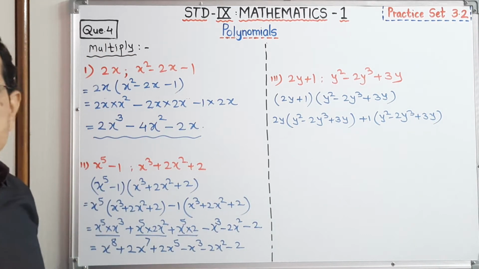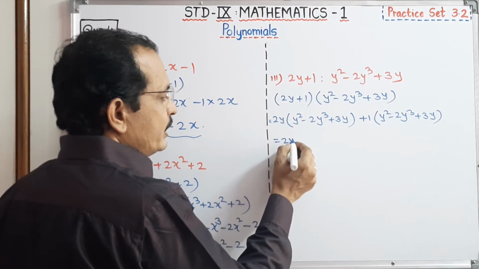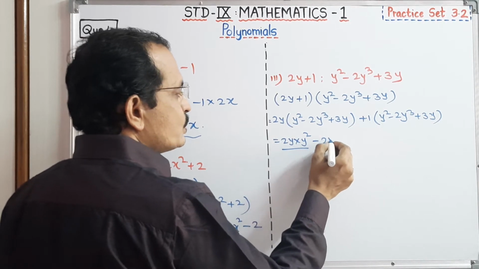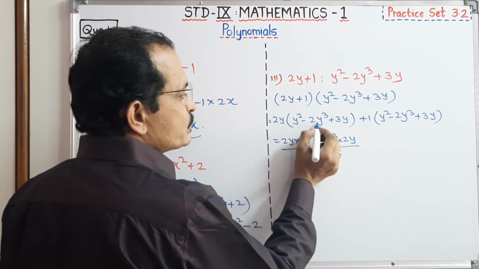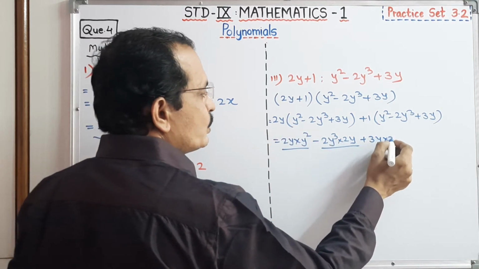Now do the multiplication. This 2y into y square minus 2y cube into 2y plus 3y into 2y.